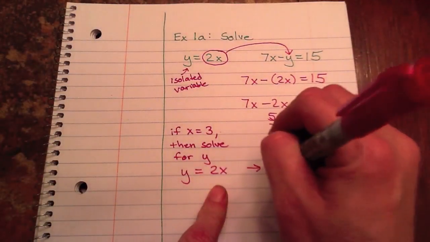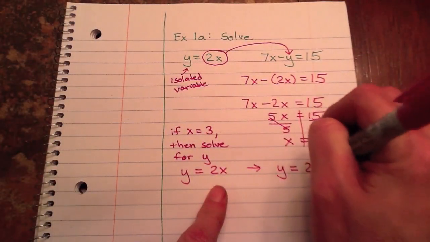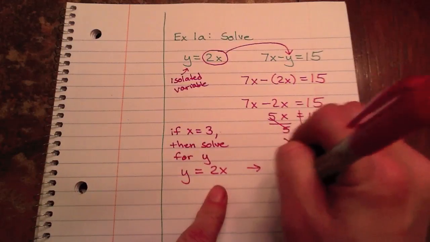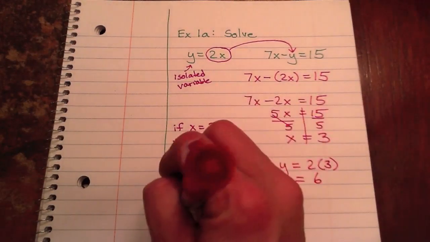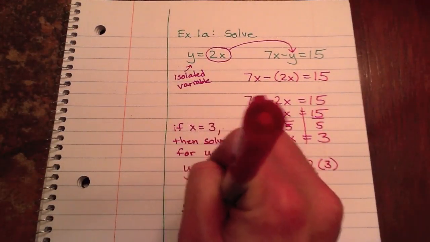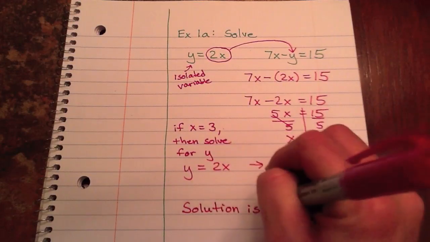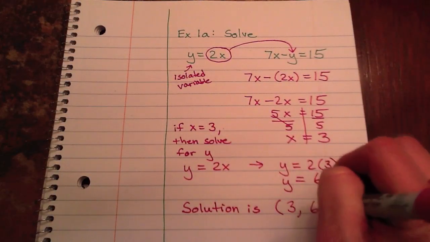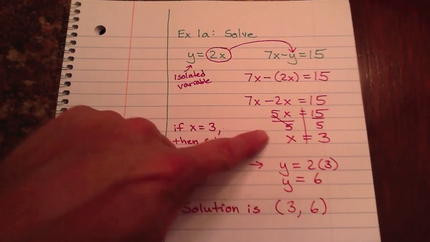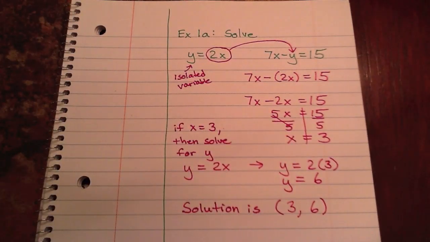I plug in 3 and I evaluate, and I get y equals 2 times 3, y equals 6. So my solution is x is 3, y is 6. And remember, you're not always going to find x first, so always put those in the correct order.